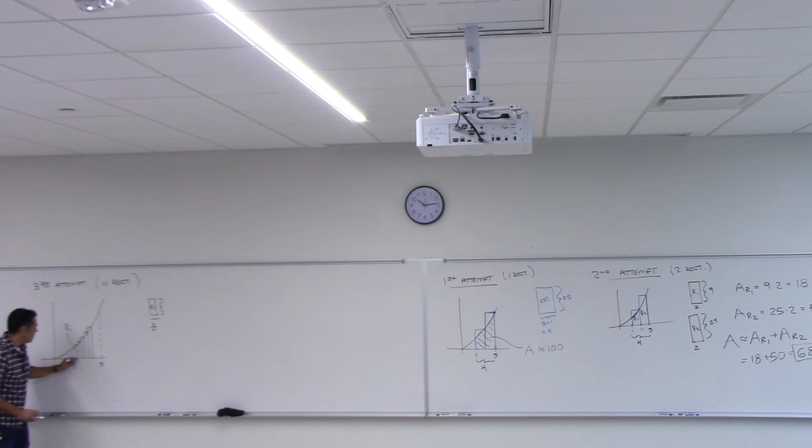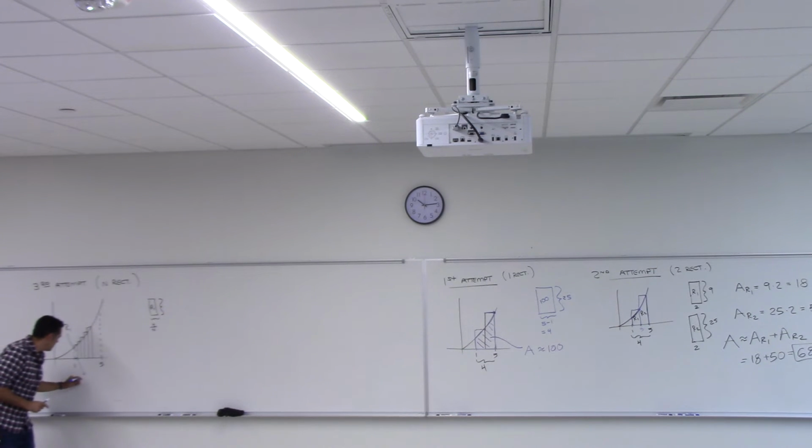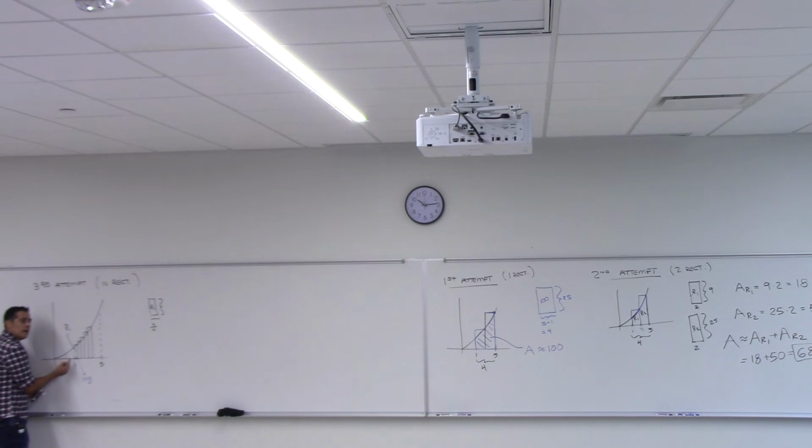Can y'all tell me where that is? Exactly. Very good. This is 1 plus 4 over n. So this is 1, and I've added to it one little width of a rectangle. That's where I am. I don't know exactly what that number is because I'm using n rectangles.